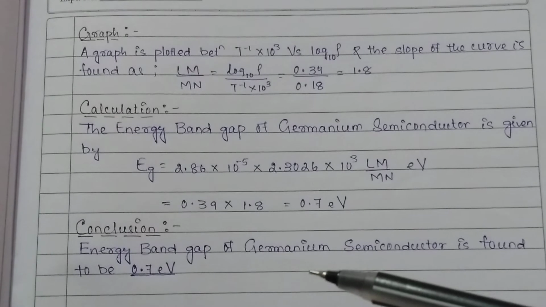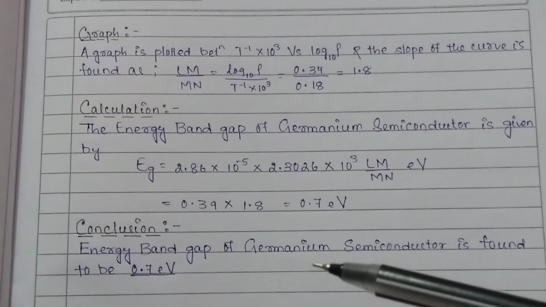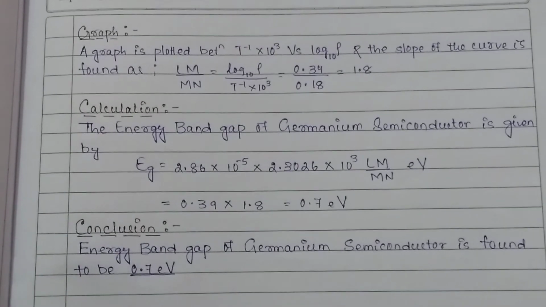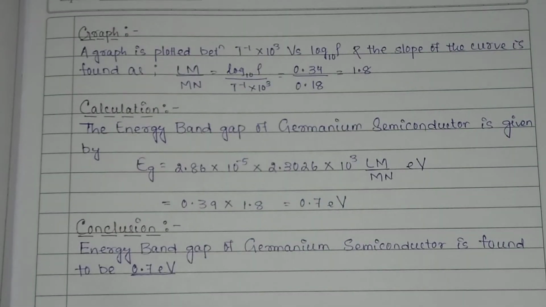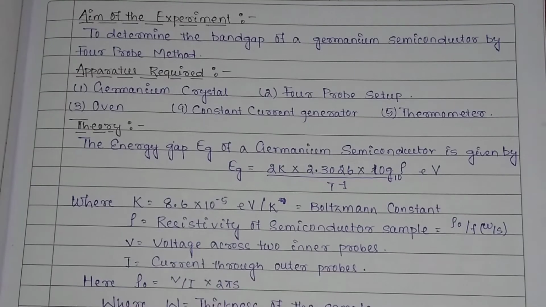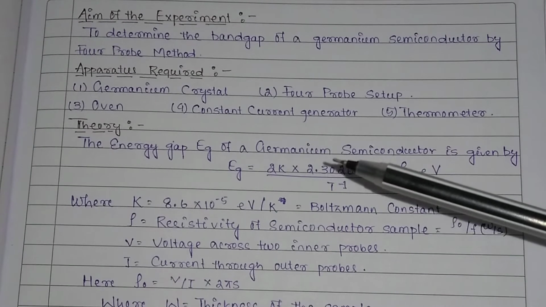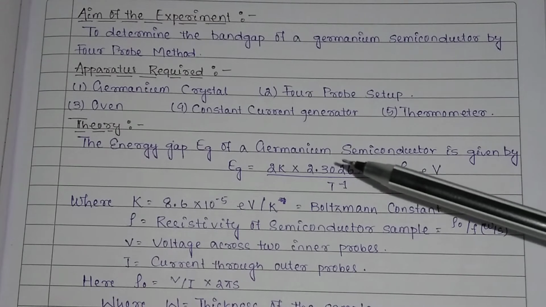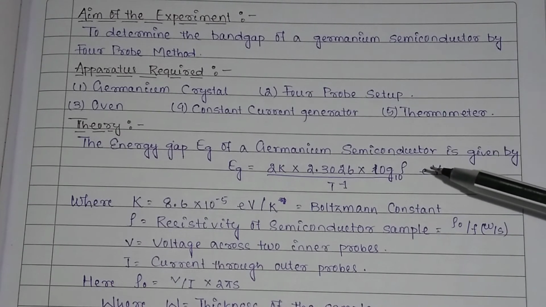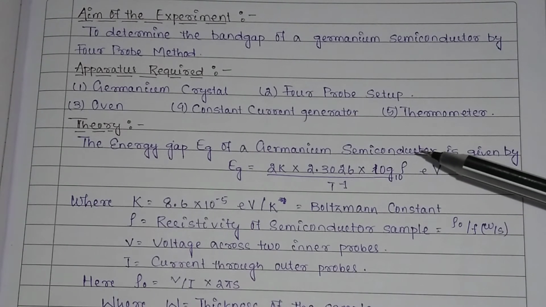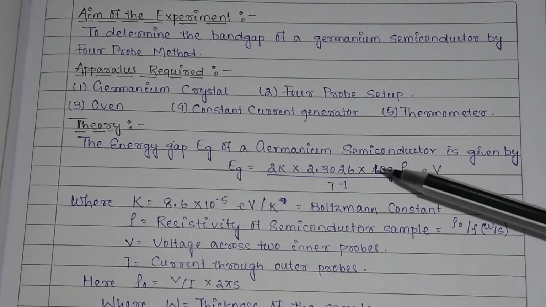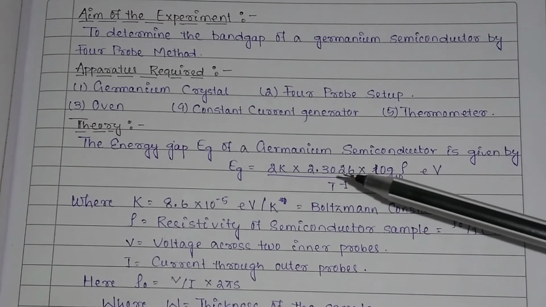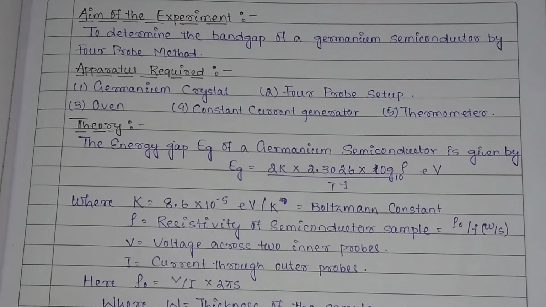So the energy band gap of the germanium semiconductor we have found is 0.7 electron volt. So remember, to find the energy gap of a semiconductor sample using the 4-probe technique, you first need to find the resistivity of the sample, then you can calculate the energy gap of the germanium or semiconductor sample. Thank you.